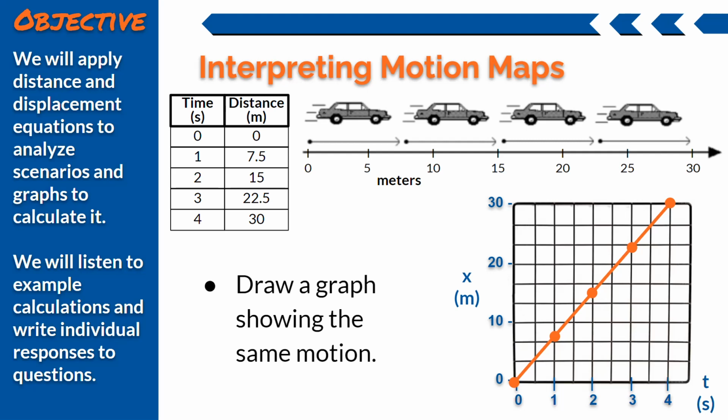And so the slope of my line is 7.5 meters per second. Okay, and it is moving forward, so my slope is positive. So that's kind of taking everything we just talked about and putting it to use here. You guys will have to be able to match up tables, motion maps, and graphs, so you need to be able to do what I just did as well. You can jot this one down as an example if you like.